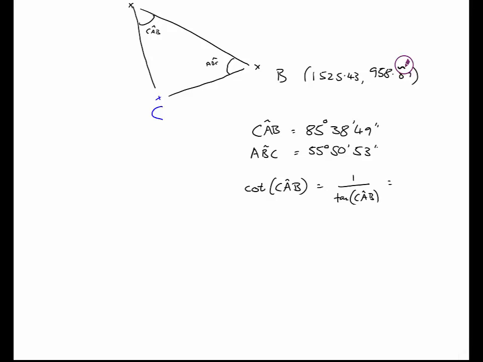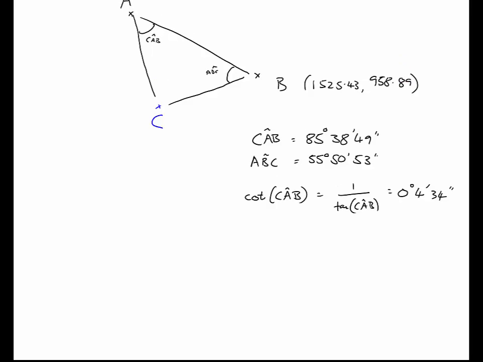So I can put that into my calculator. 1 divided by tan 85 degrees, 38 minutes, 49 seconds. 0.0761. Actually, I'm going to write it as 0 degrees, 4 minutes, 34 seconds.